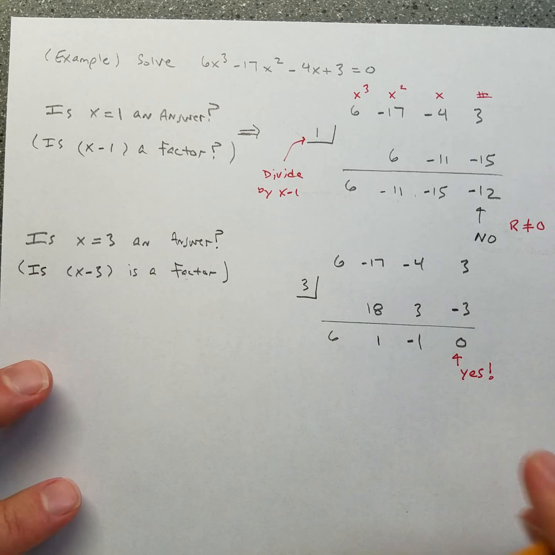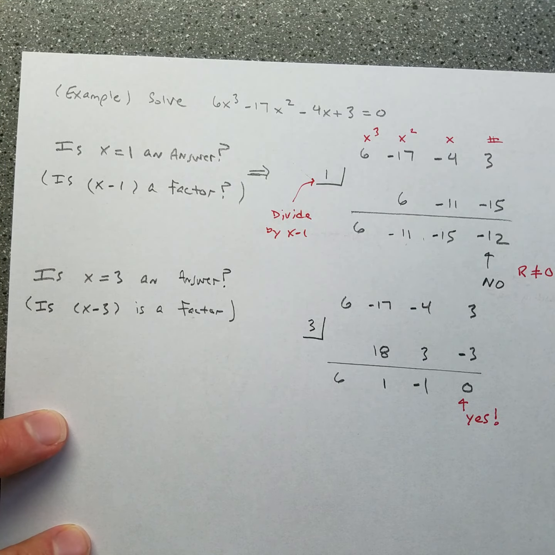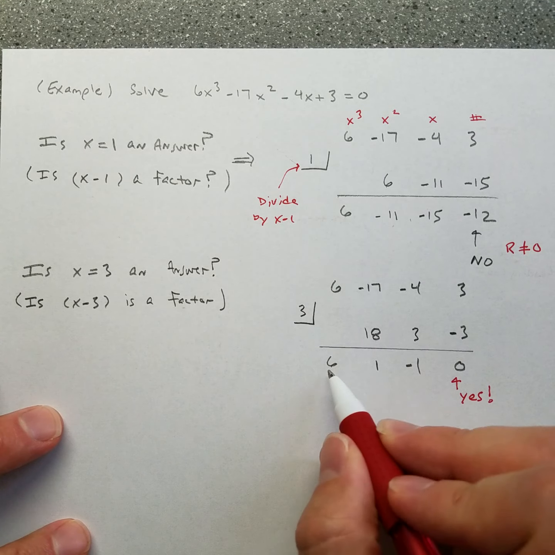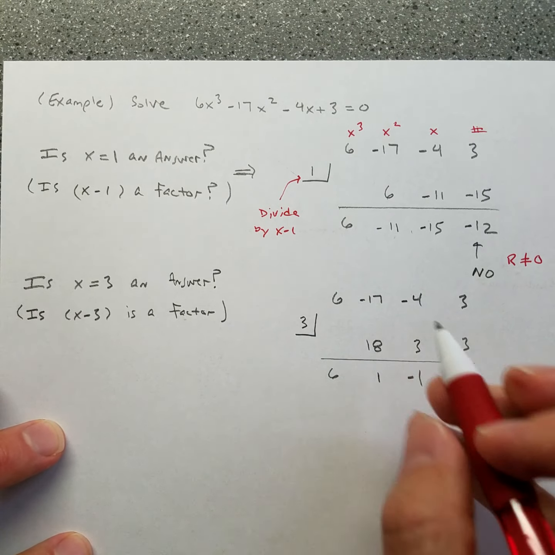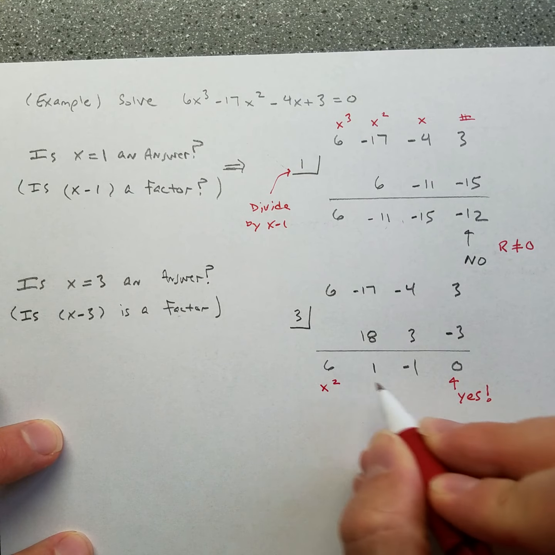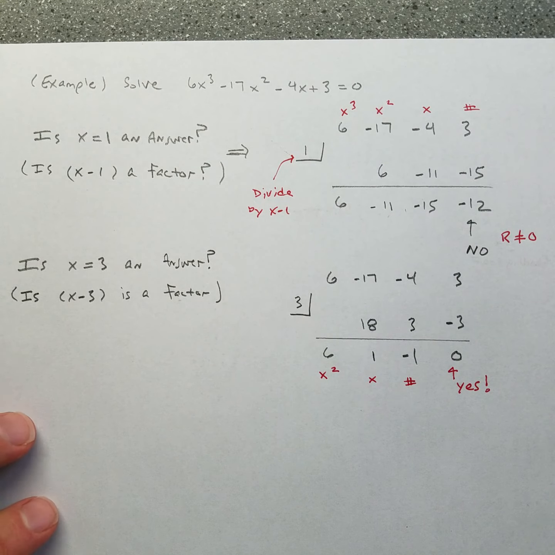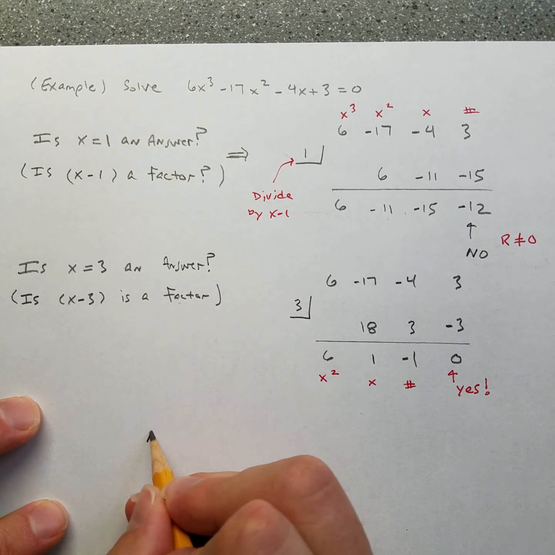All right, now that's a factor of this. What's the rest of it? Well, you divided it. That's the rest of it. What's the 6 and the 1 and the -1 do? Well, that was x to the third at top, so it's 6x squared plus x minus 1, okay? All right, so here's what we now have.